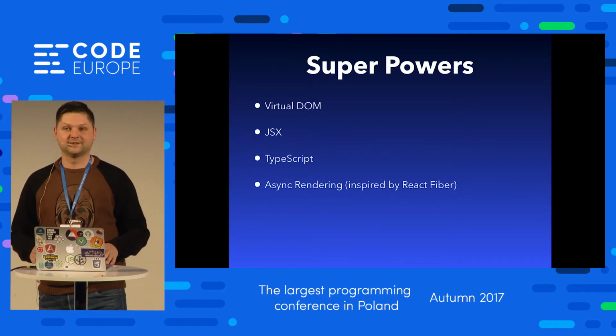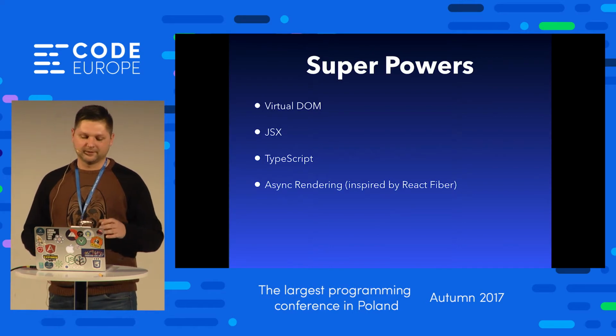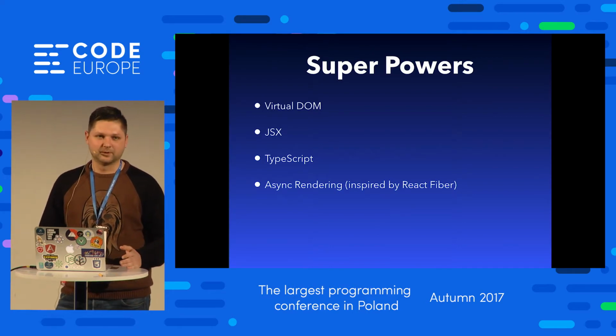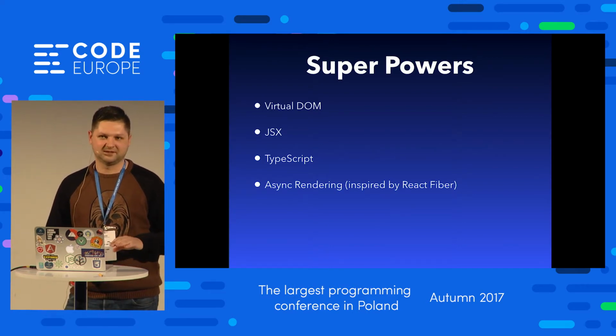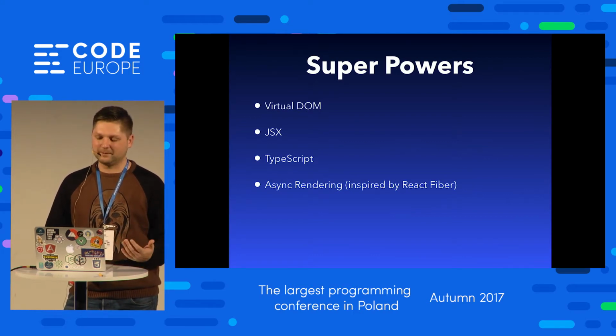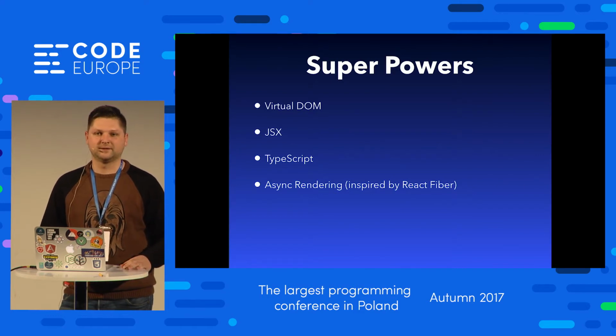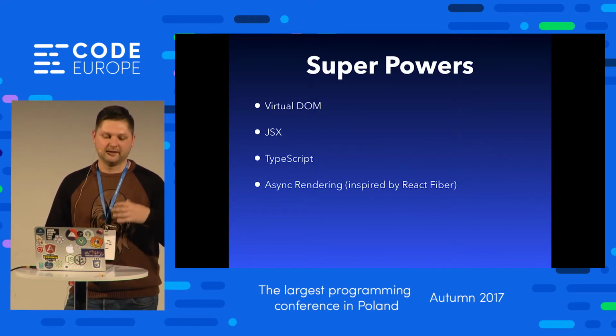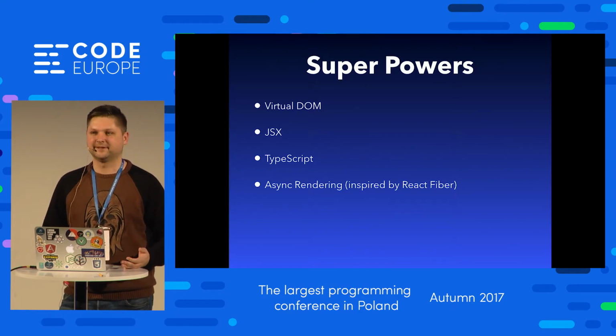Next good thing is async rendering. It was inspired by React Fiber. It's the same idea, but more simplified. Because what is async rendering itself? It's the main problem in JavaScript animations or creating, deleting a lot of nodes, that it is done synchronously.